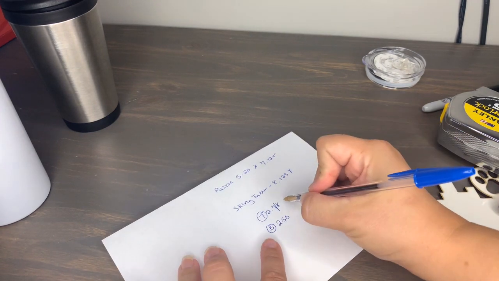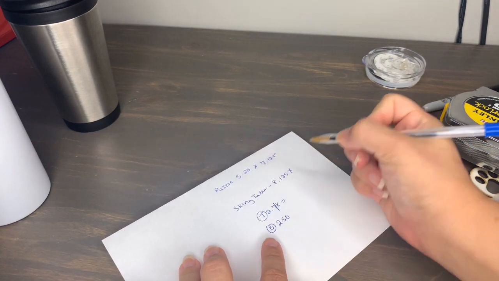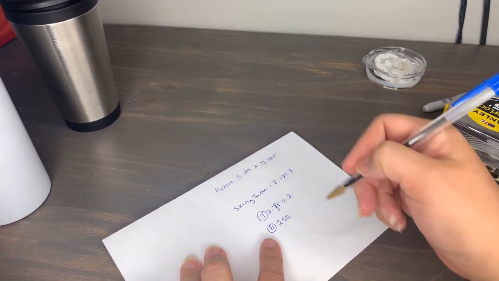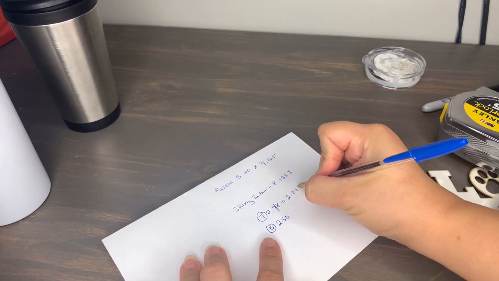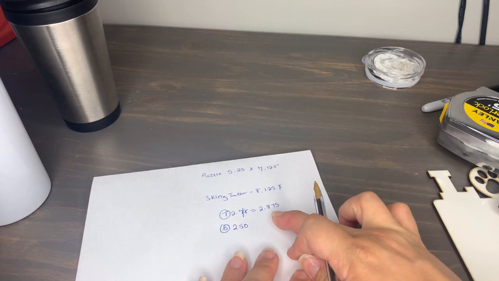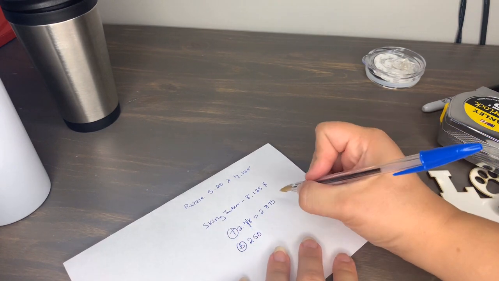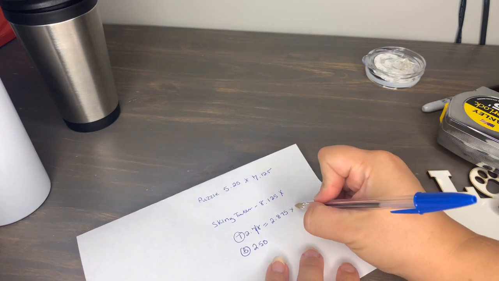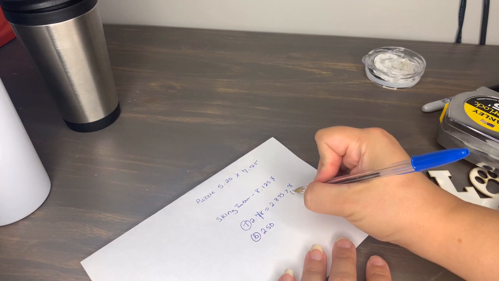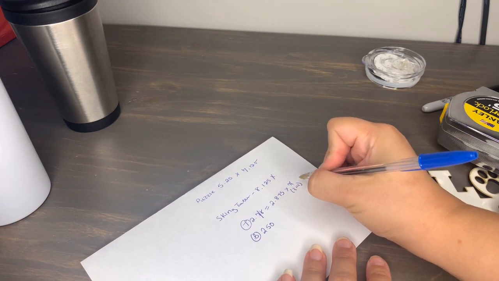So the top, we're going to first convert it into a decimal, which is going to be 2.875. So 2 7/8 inches converted to a decimal is 2.875. And then we're going to multiply this by pi. You guys all should know what pi is. That is 3.14.